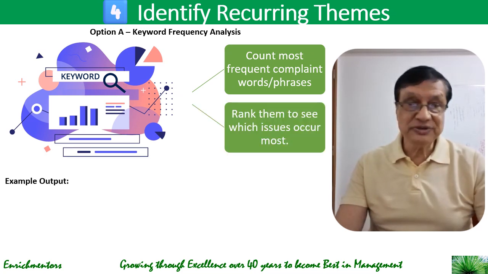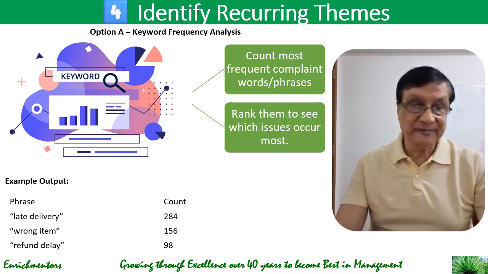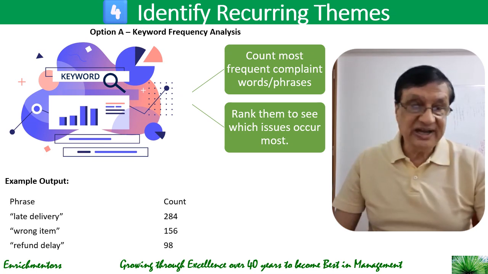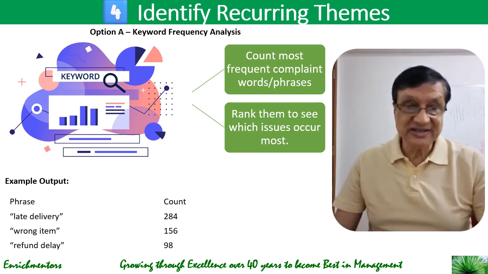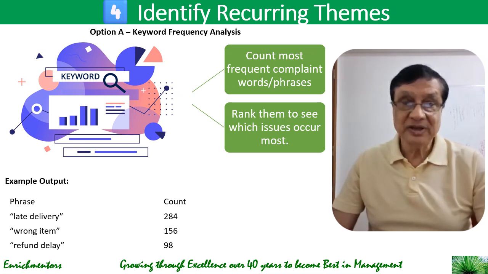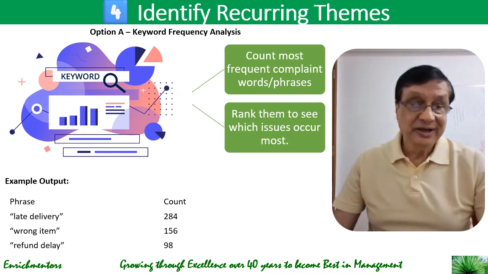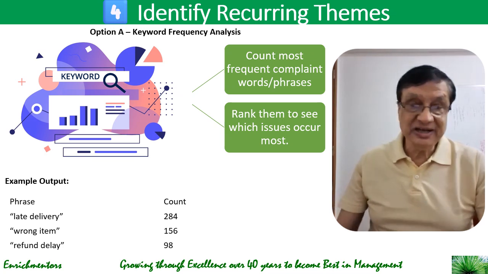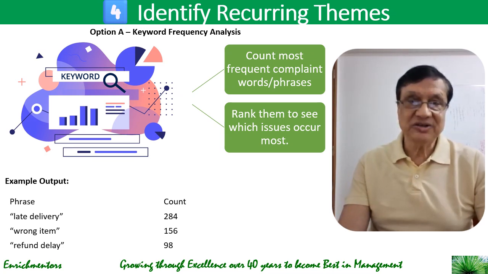Some examples: the phrase late delivery occurs 284 times, wrong item is next at 156 times, and refund delay is next at 98 times. So you pick the most frequently recurring phrases, count them and rank them. So that's the keyword frequency analysis.